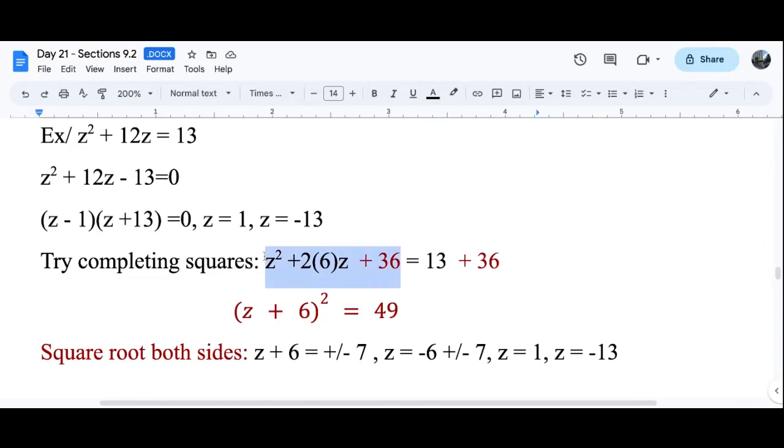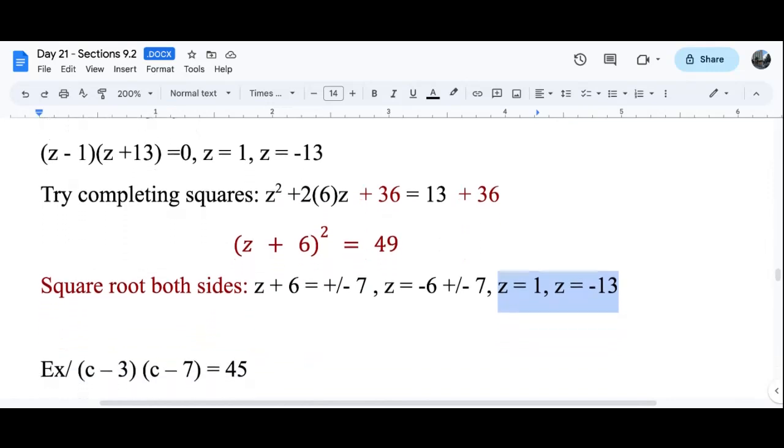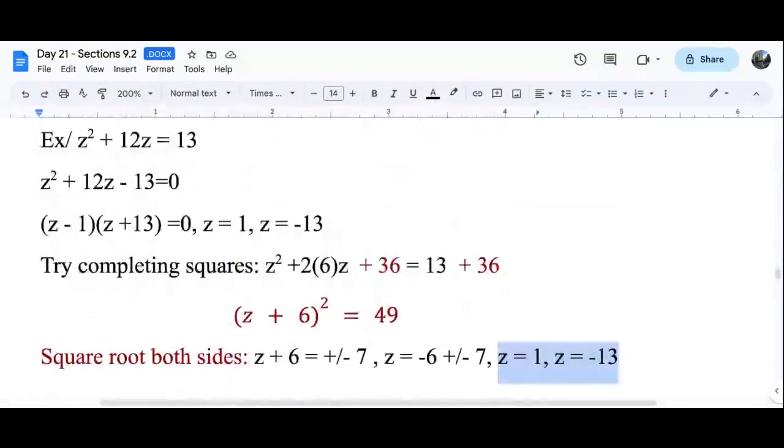So when I do that, this one becomes z plus 6 squared, and 13 plus 36 becomes 49. Now I can square root both sides and calculate. In the end, I get 1 and negative 13. Anyone has any question?